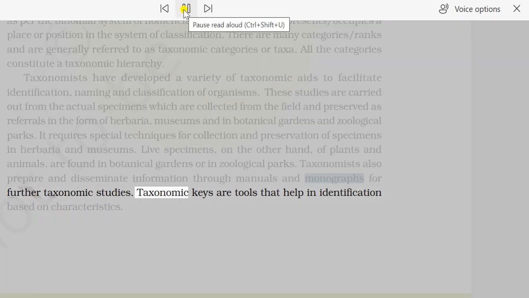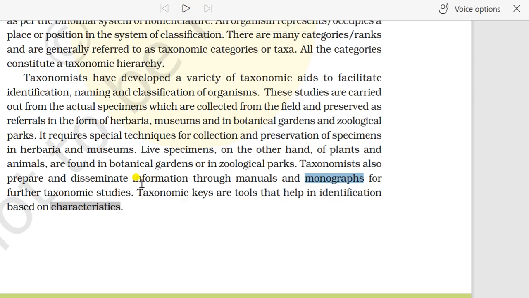Taxonomic keys. Taxonomic keys are tools that help in identification based on characteristics. What are taxonomic keys?